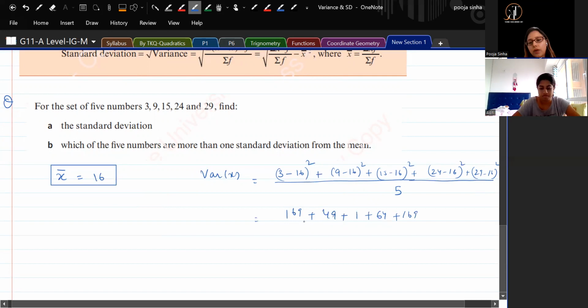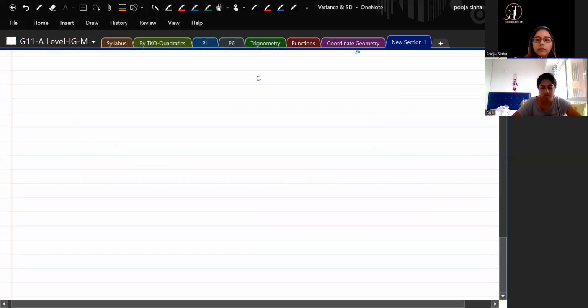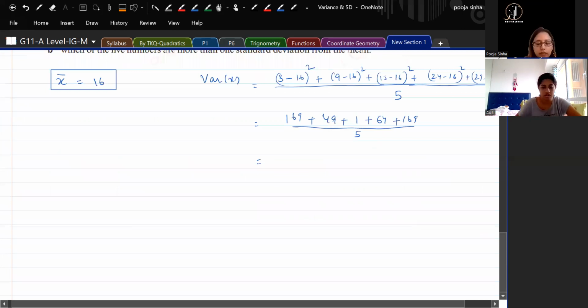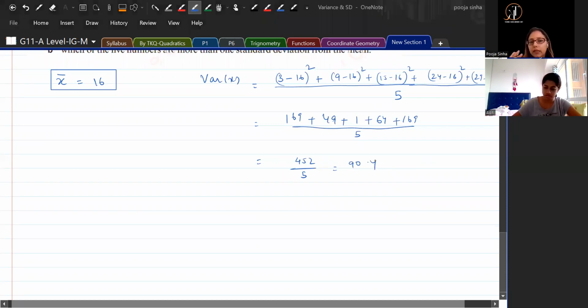Upon 5, which is equal to, add up, 169 plus 49 plus 1 plus 64 plus 169. I get 452 upon 5. 452 upon 5 gives you 90.4. 90.4 is the variance that we have calculated, right?